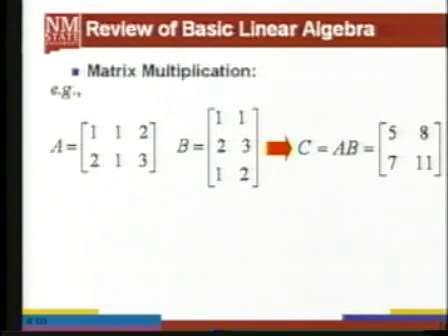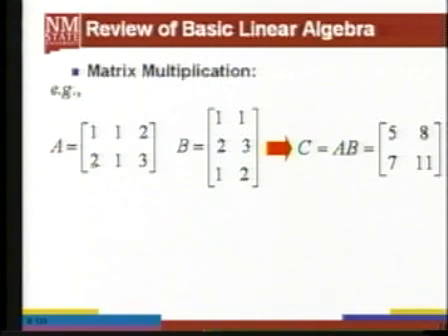Let's take an example. If we have a 2 by 3 matrix A and a 3 by 2 matrix B, like this, then AB is defined and C will be a 2 by 2 matrix, right?